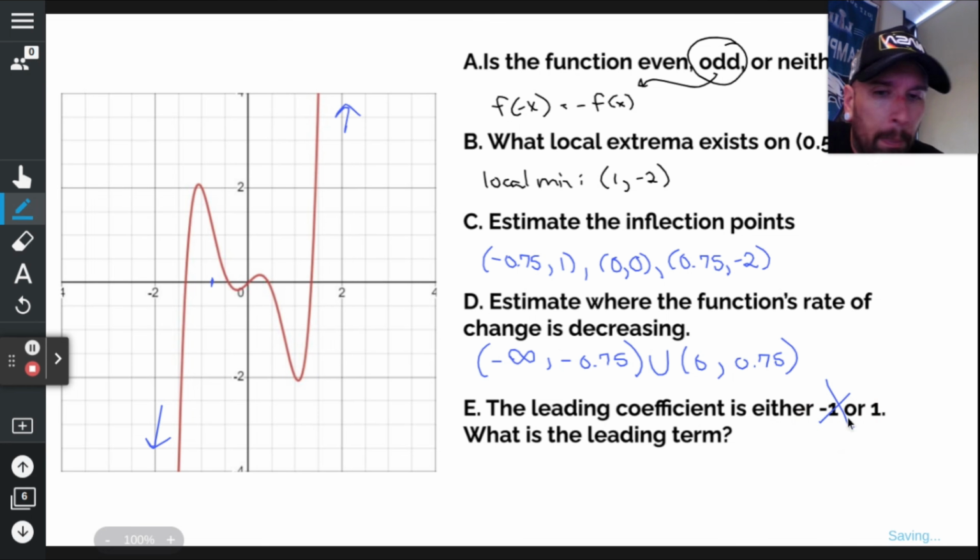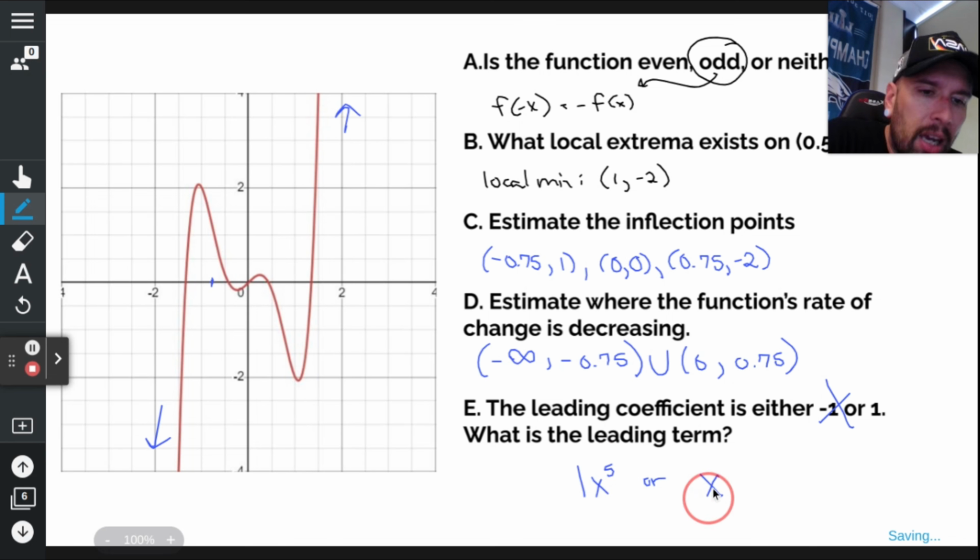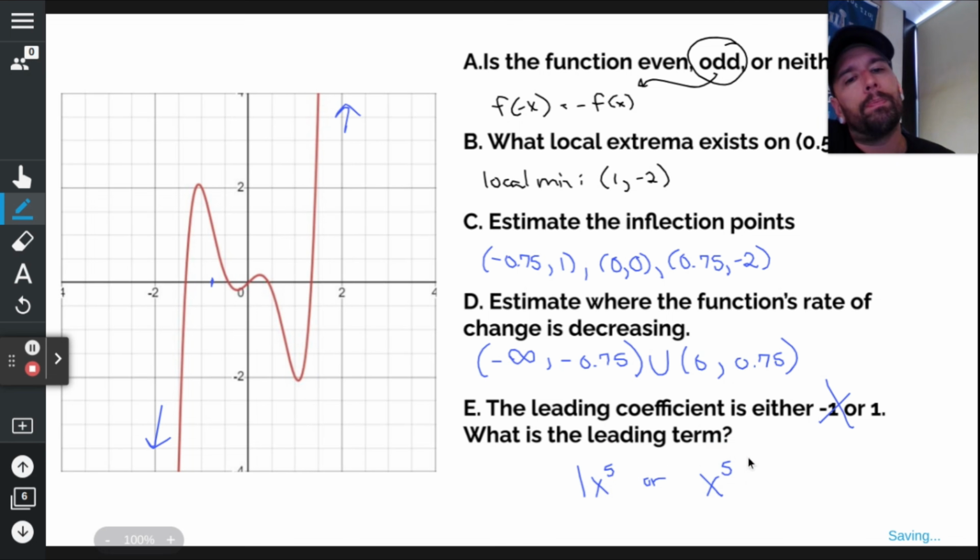We go up, we hit 1 bump, 2 bumps, 3 bumps, 4. So when we have those distinct bumps, which we do, 4 of them, we can assume that the degree is going to be 1 more. So we are going to have a leading term of positive 1x to the 5th, or we will just say x to the 5th.